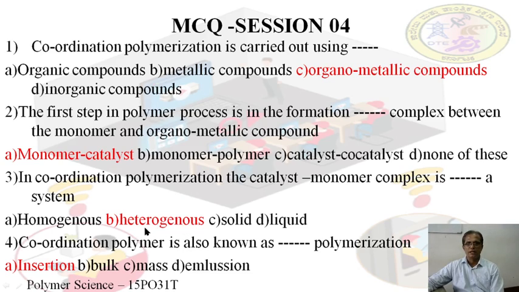Correct answer is heterogeneous system. Question number 4. Coordination polymerization is also known as dash polymerization. It is not bulk, not mass, not emulsion, only insertion takes place. The fresh diene compound that we have added is going to be inserted. That is why it is called insertion polymerization.